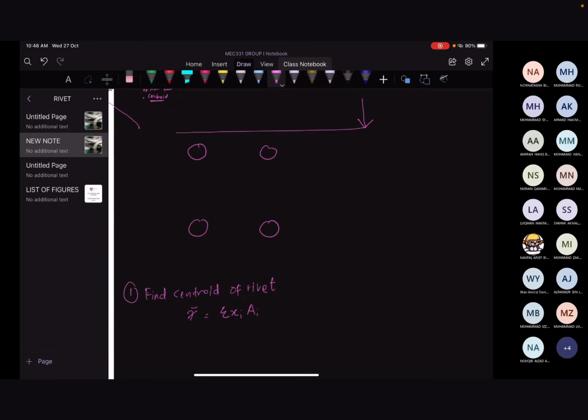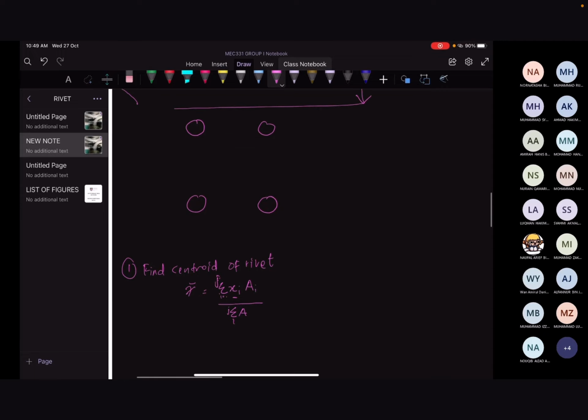Okay, dia summation, so dia punya start akan jadi I sampai J. Tapi dia punya formula dia adalah the coordinates of the first object darabkan dengan the area dia. Dan kita kena tambah nombor 2, tambah nombor 3, tambah nombor 4 dan seterusnya lah. Dan bahagikan dengan the summation of the area dia, daripada I sampai J.